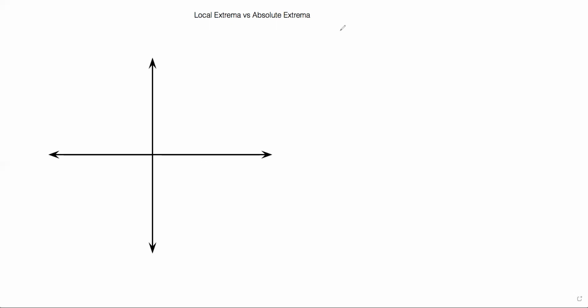Well, if we have a function that goes like this, I'll sketch out our points. We'd have critical values around here and here, right?